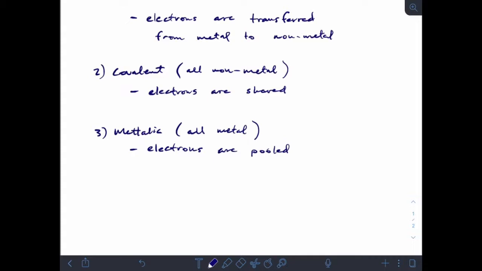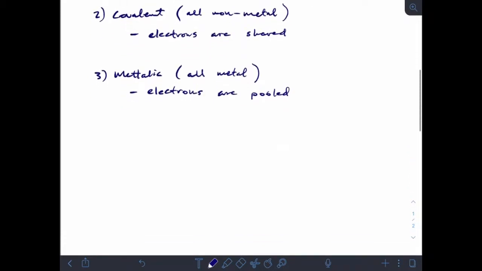So we're going to start diving into these types of bonding with what are called Lewis dot symbols. Quite simply, we're going to use dots to represent valence electrons.